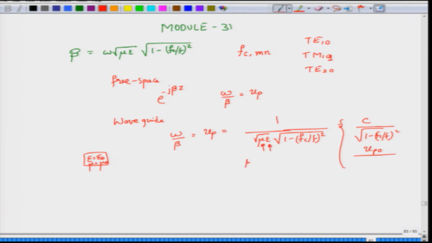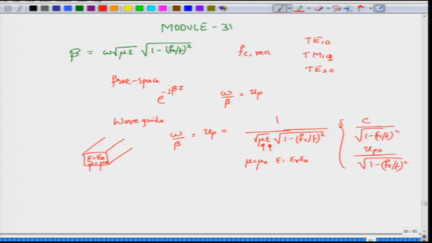Of course, in our consideration, mu has been set to mu naught and epsilon can be set to epsilon r times epsilon naught. So, when you fill the rectangular waveguide with a material which is not air, but some other dielectric material characterized by the permittivity epsilon r, then the corresponding velocity we will write as up0, which is the expression for 1 by square root mu epsilon, and the remaining factor that I still have is square root of 1 minus fc by f whole squared.